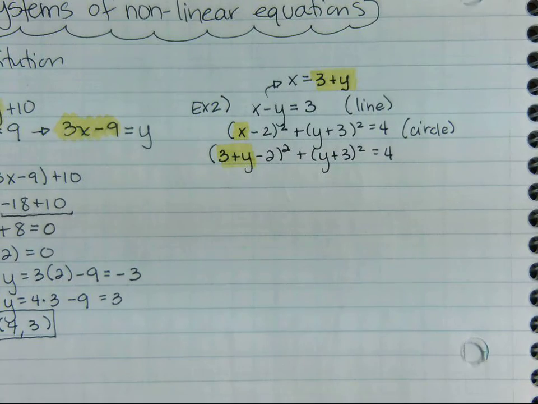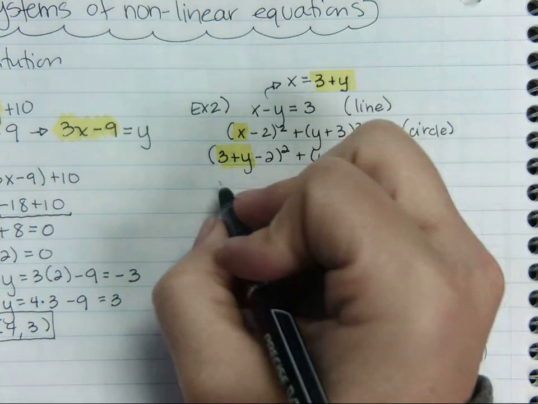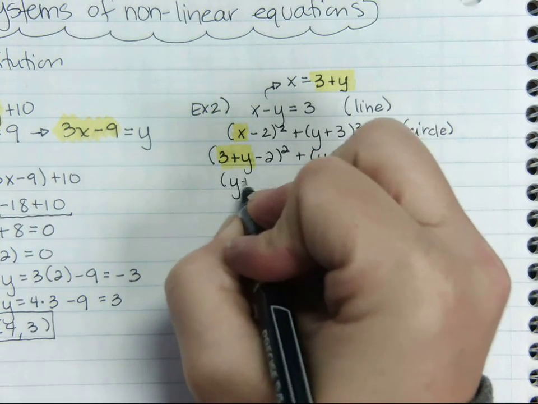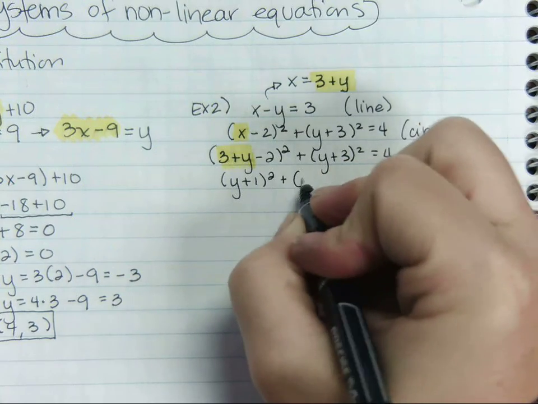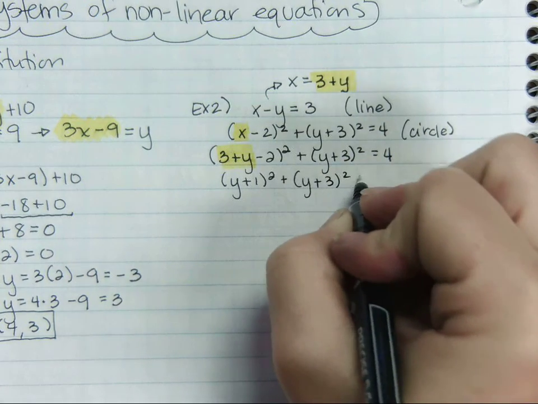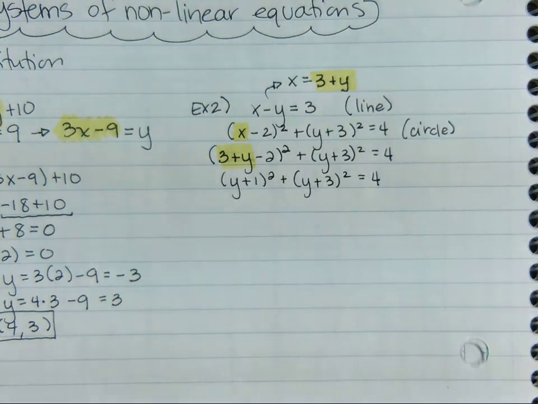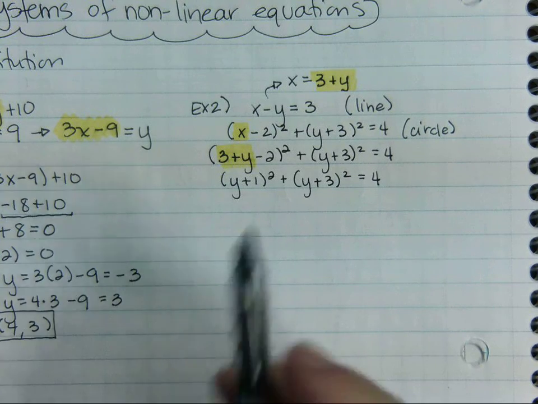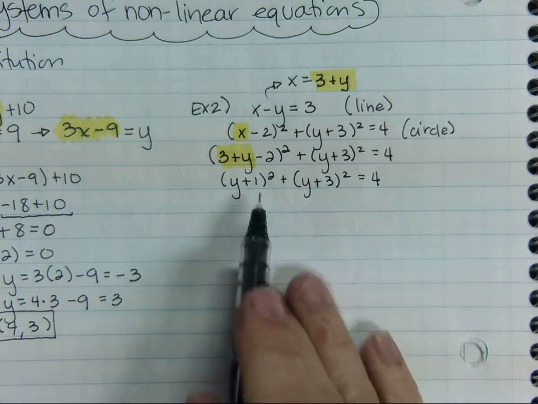Now we're going to need to combine some like terms, and then we're going to need to do some algebra to expand. So here I have y plus 1 squared. And I'm taking a little bit extra time to make sure I don't skip too many steps. Now what I need to do is expand out this binomial square.